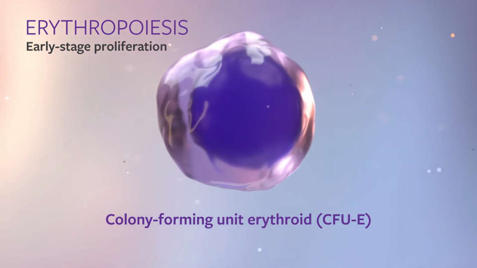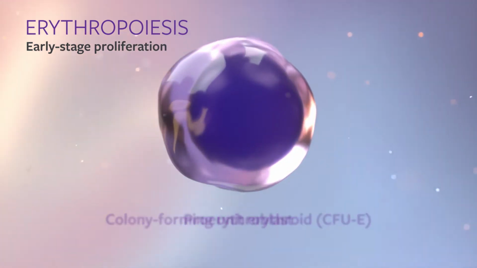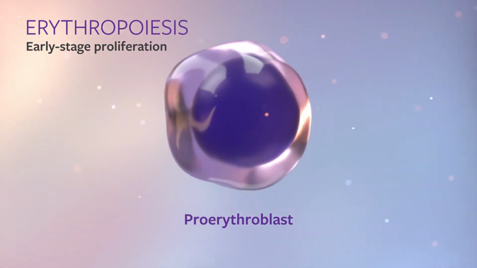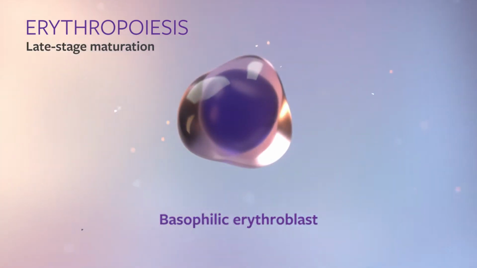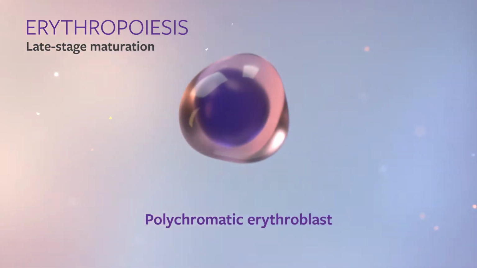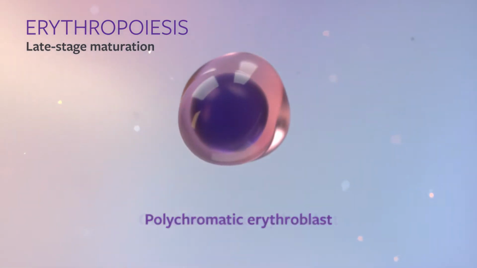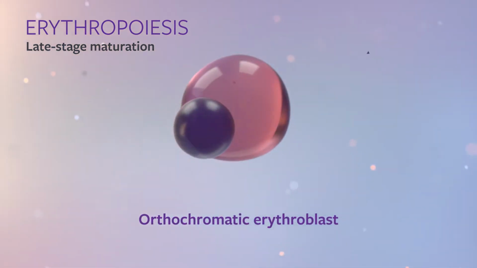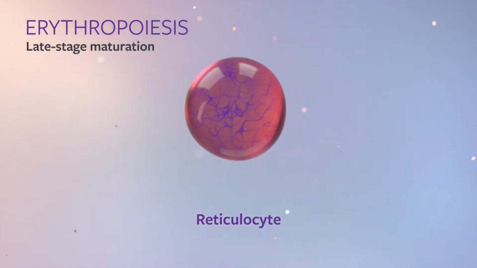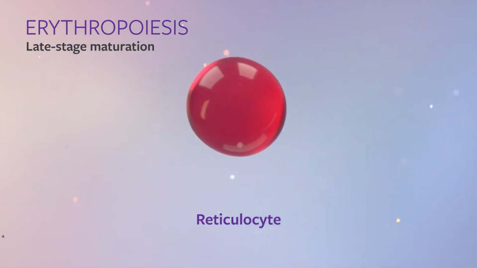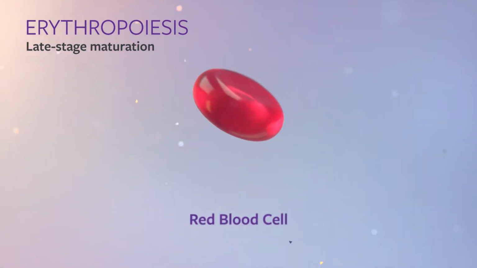Proliferation is characterized by early development of hematopoietic stem cells to erythroid-committed progenitor cells. These cells continue along the erythropoiesis pathway to differentiate or become more specialized. Enucleation occurs during the final stages of maturation. This maturation is characterized by differentiation of erythroid precursors to functional red blood cells.